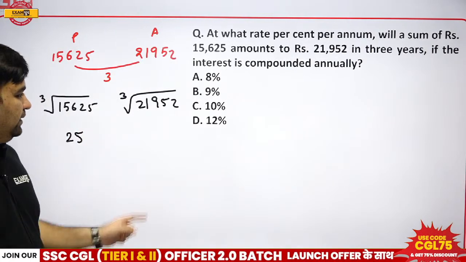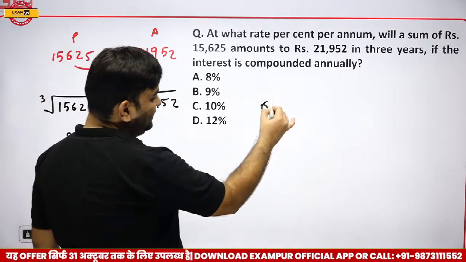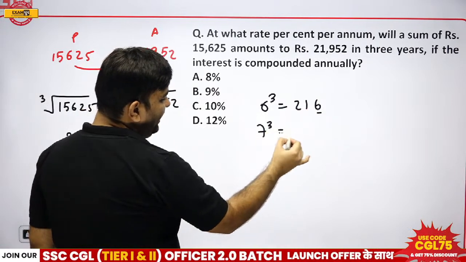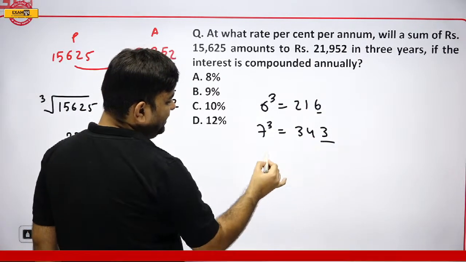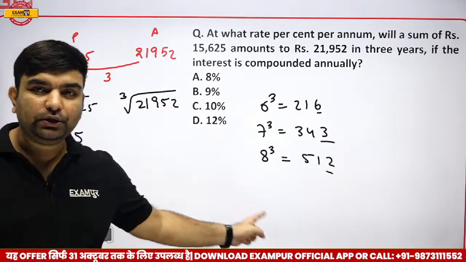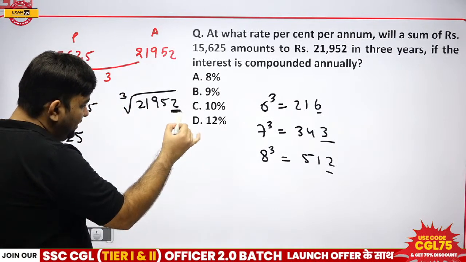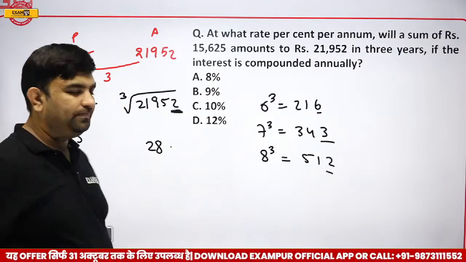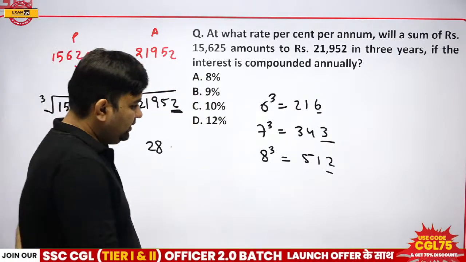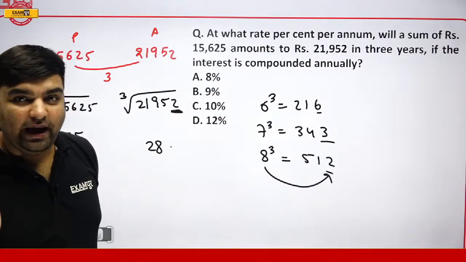26 ends with 6 ka cube, 7 ka cube ends with 3, 8 ka cube ends with 2. So if it is 2 over here, it is 100% 28 ka cube, because the unit digit is unique for every cube. 8 ka cube ends with 2.